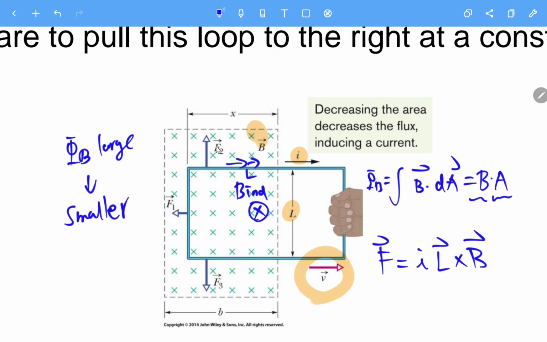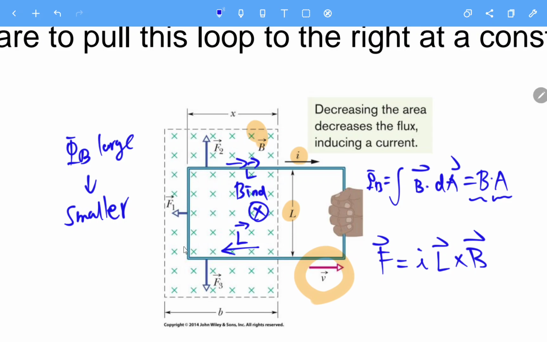And then for this one, I is going like this, so for this line L is pointing to the left side, L cross B into the page. So your thumb will be pointing downward, so you can see F3 is pointing downward. So for this line, F2 pointing upward, F3 pointing downward. So these two forces will cancel each other.